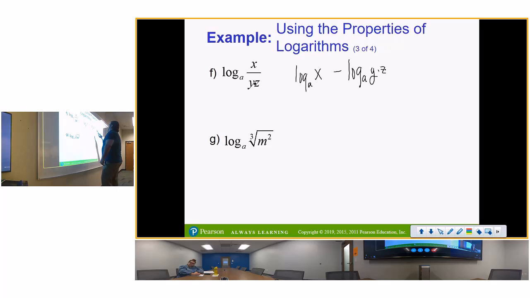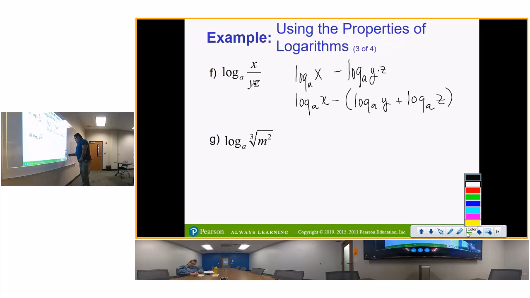Now, how do I rewrite y times z? Log base A of x minus parentheses log base A of y times what? Plus what? Log base A of z. And of course, what does that negative mean? Subtract.